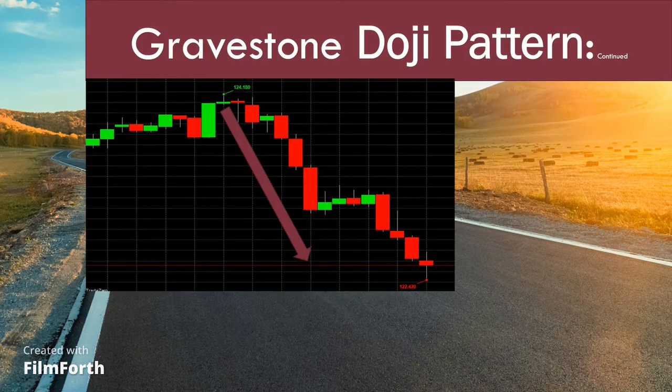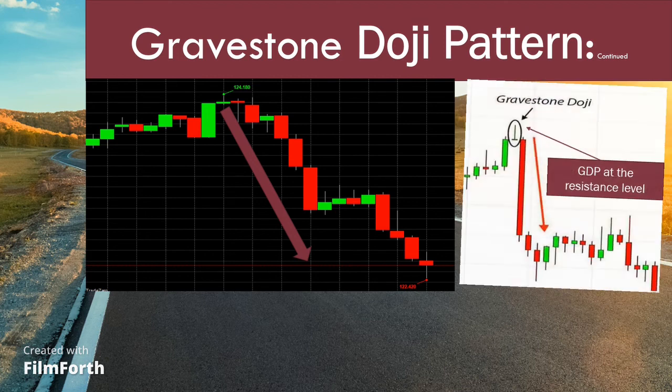So if you look at this chart, it's the same. The market was going up, and then at the top of the trend, the resistance level, a Gravestone Doji pattern occurred, and the market came down until here.